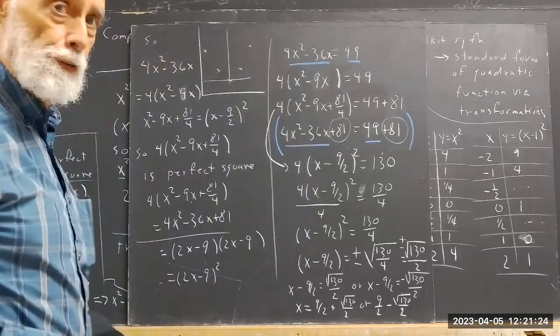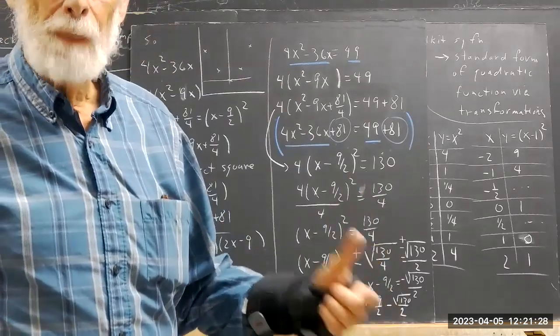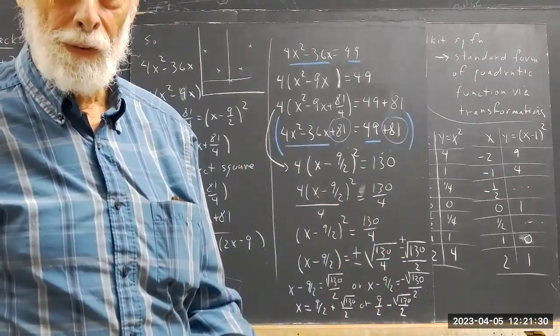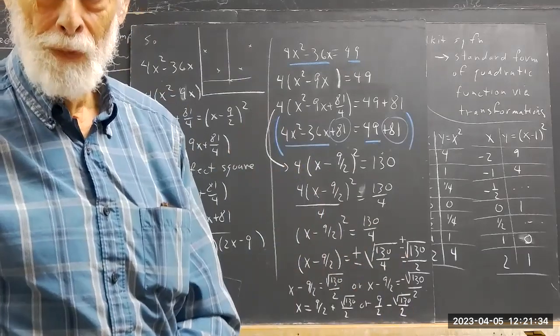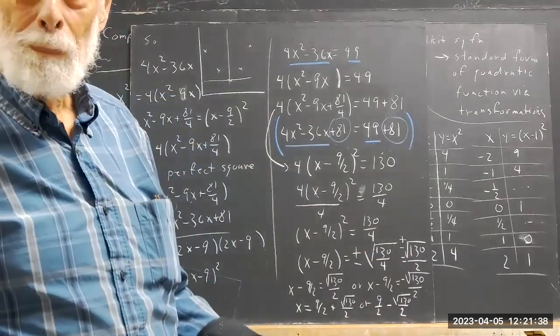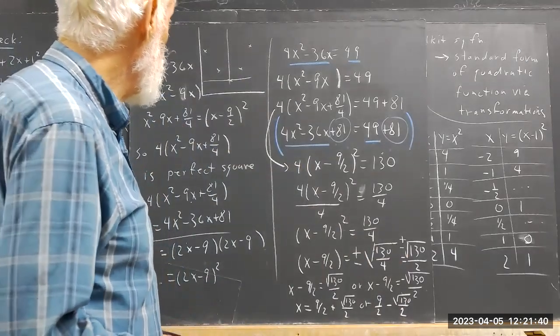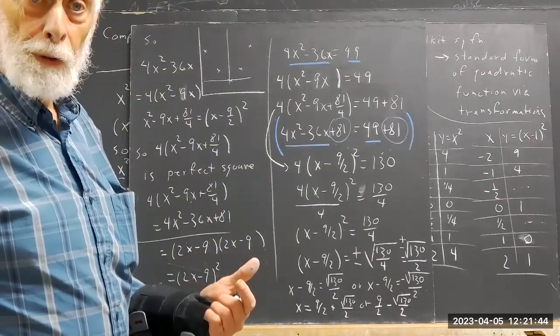A stretching transformation moves every point that many times further from the x-axis because it multiplies all your y values by the same number. So if we multiply all our y values by, let's say 3, well, I don't really have room for 3, I'll do 2. We multiply all our y values by 2.